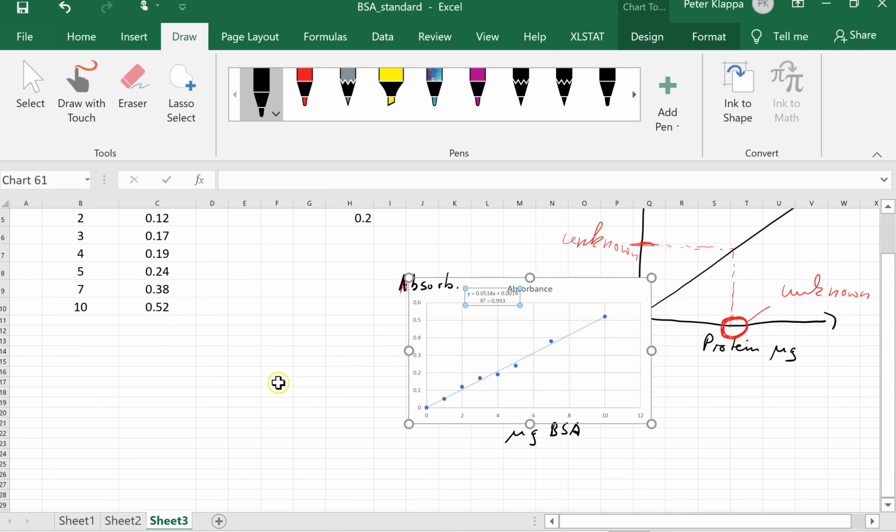So we get the equation for our trend line here for the standard.